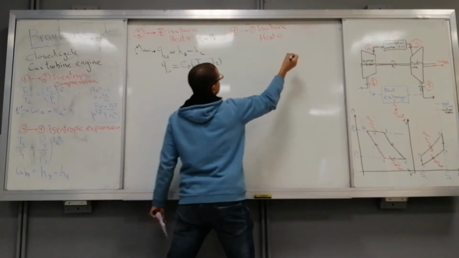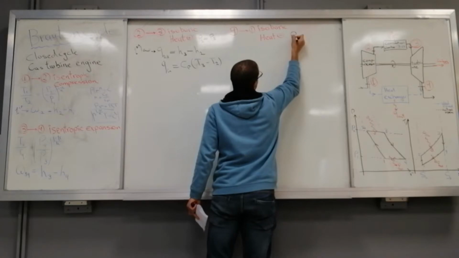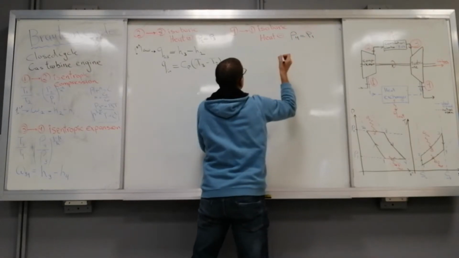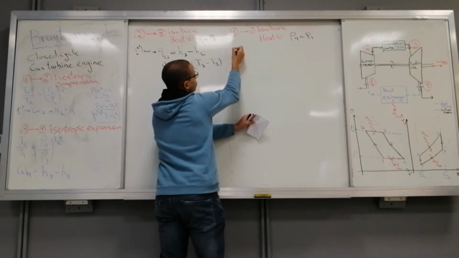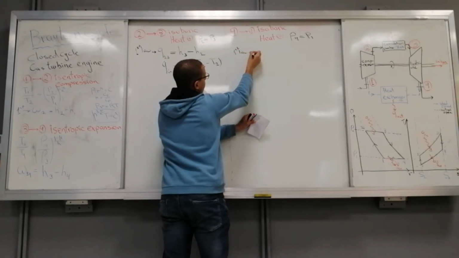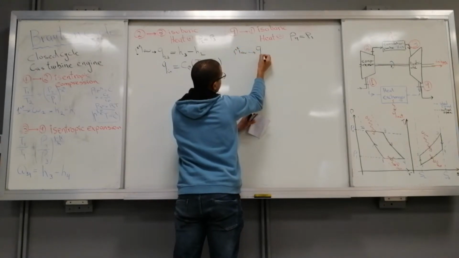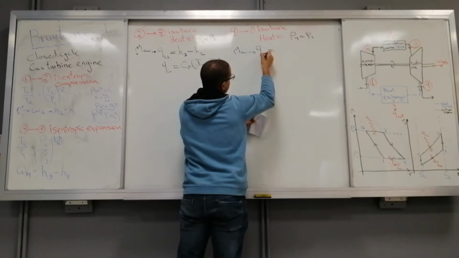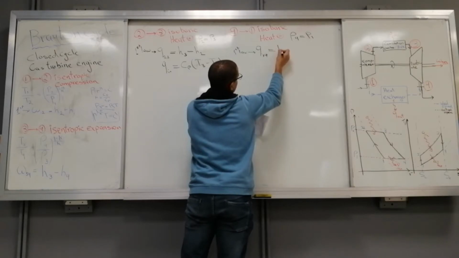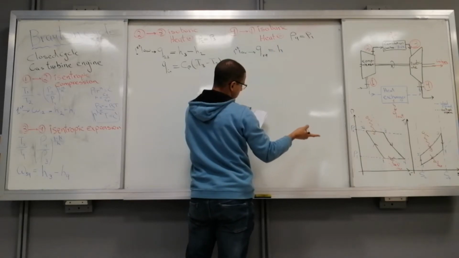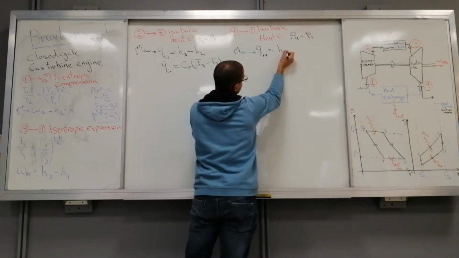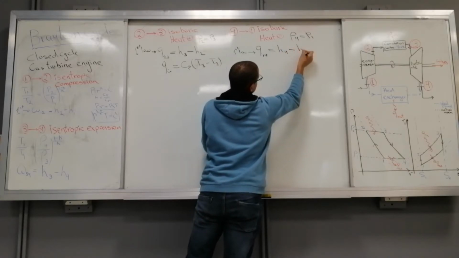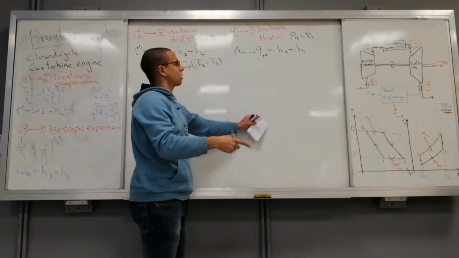Applying the same analysis here, P4 equals P1, and applying the first law, we get that Q41, a numeric value, is H, whichever H is bigger, which is H4. We're just using the bigger one to avoid missing signs.